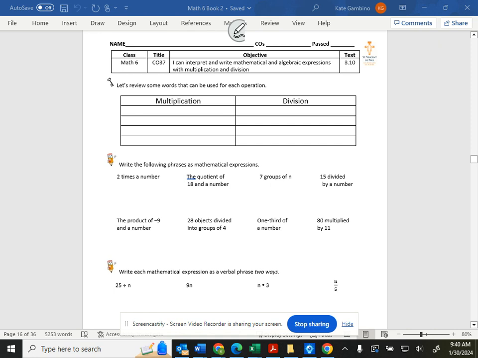All right, so what are the words that we have in our table for multiplying and dividing? Times, multiply, product, groups of.